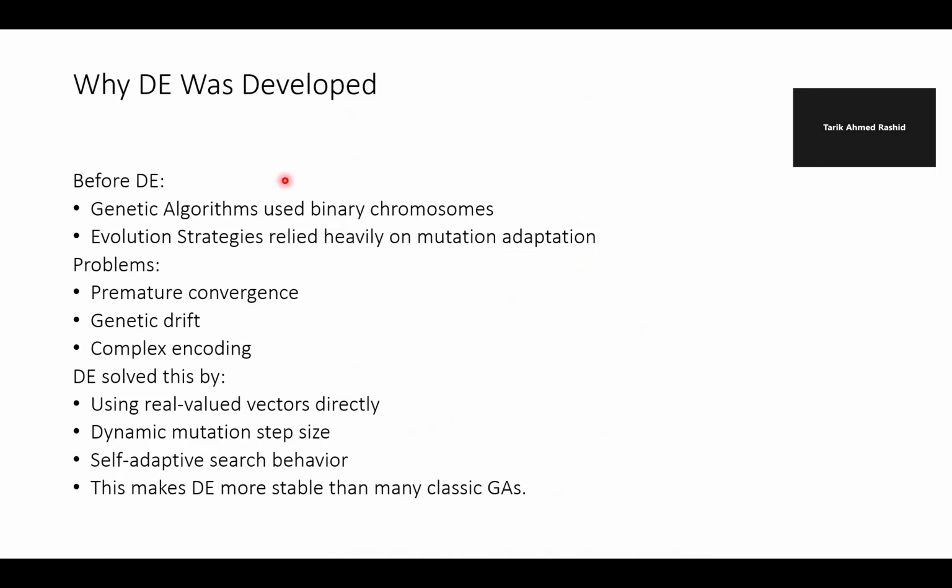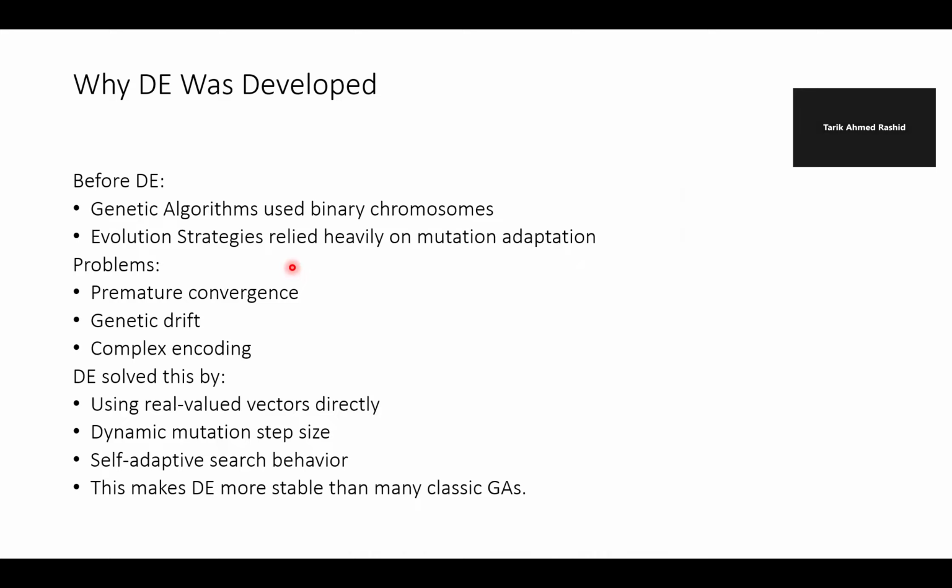So that is why DE was developed. Well, genetic algorithm used binary chromosomes. Evolutionary strategy relied heavily on mutation. We had problems earlier: premature convergence, genetic drift, complex encoding.